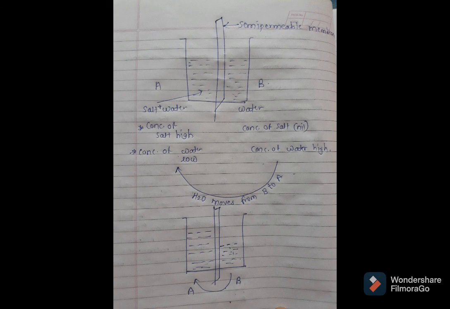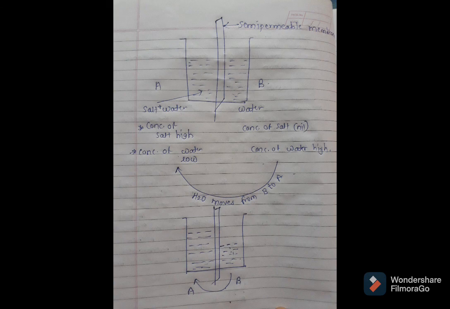At side A, the concentration of water is low, and at B, the concentration of water is high because there is no solute, no salt, so only water molecules are present. The movement of water molecules is always from higher concentration to lower concentration, and you can easily see in the diagram that at side A the concentration of water is low and at side B it is high.